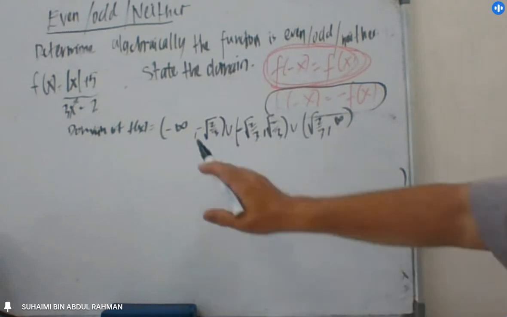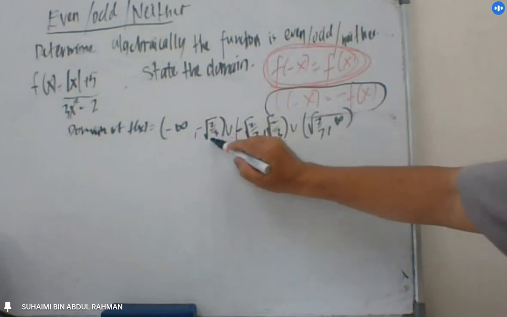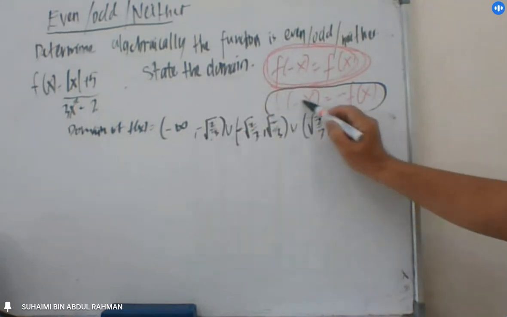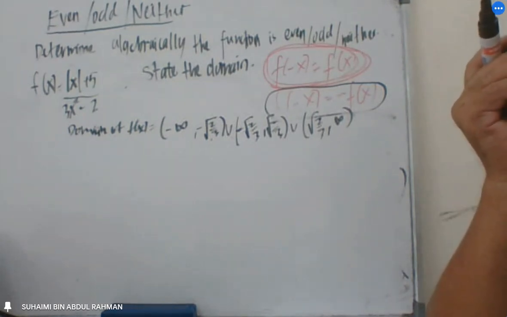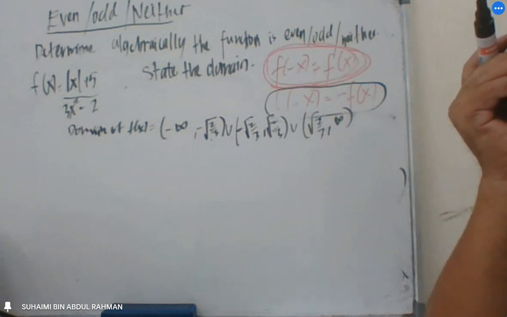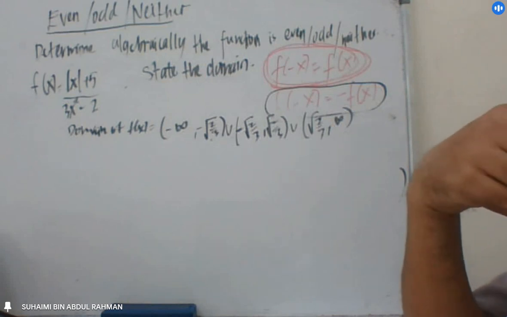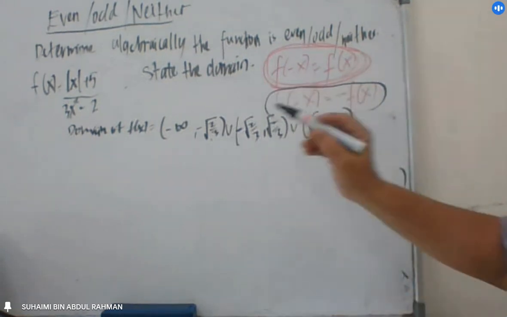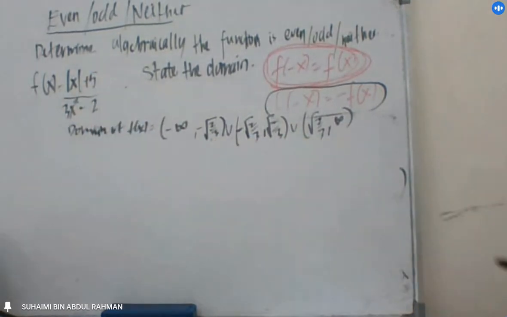Another meaning of this is that all the numbers you can include except negative square root of 2 over 3 and square root of 2 over 3. So it's not simply from minus infinity to infinity. Remember that when we have a fraction, you have to be careful.